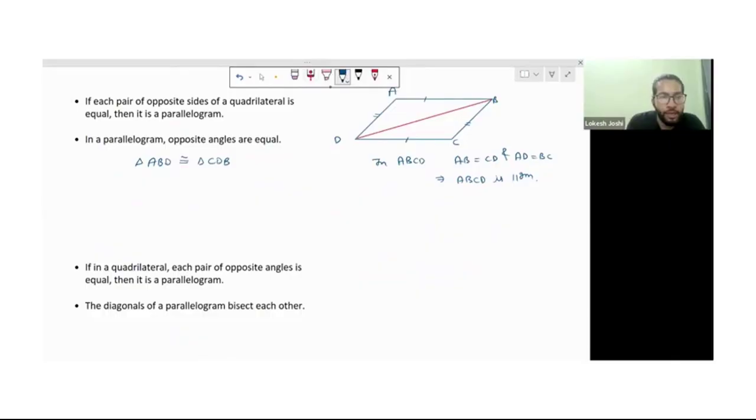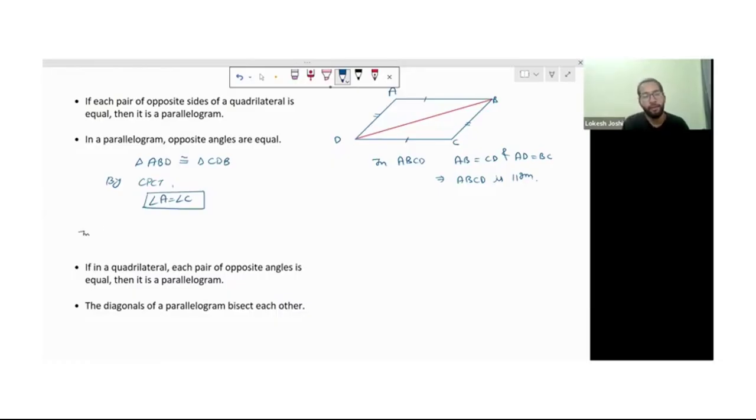When two triangles are congruent, then by CPCT, we can say their corresponding angles are also equal. So angle A is equal to angle C. So one pair of opposite angles are equal.